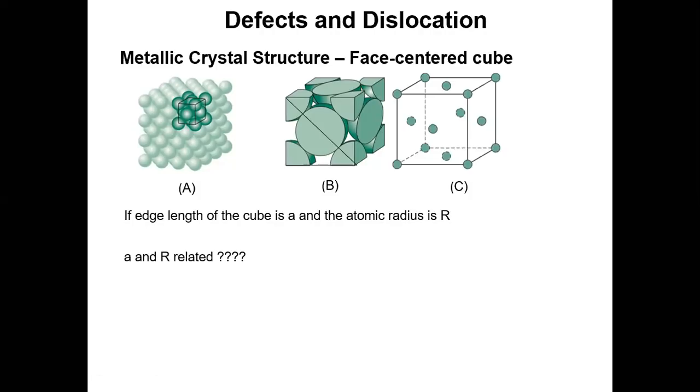So usually the radius of an atom we can consider as a constant value. So is there any way, if the unit cell edge length we denote as simple A, right?